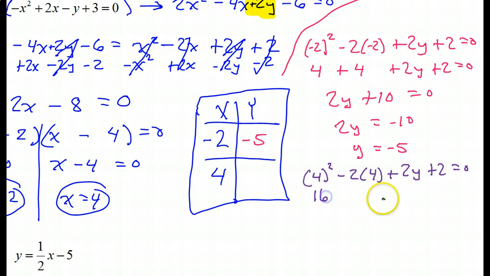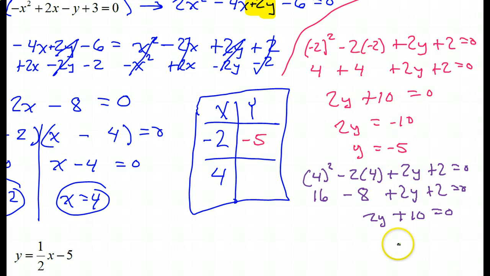This will be 16 minus 8 plus 2y plus 2 equals 0. 16 minus 8 is 8, 8 plus 2 is 10. So that once again gives me 2y plus 10 equals 0. Obviously, it's the same equation we just did, so I'm going to end up with y equals negative 5 just like last time.